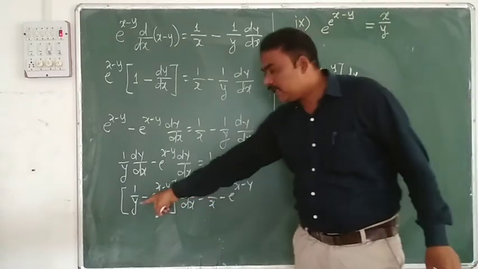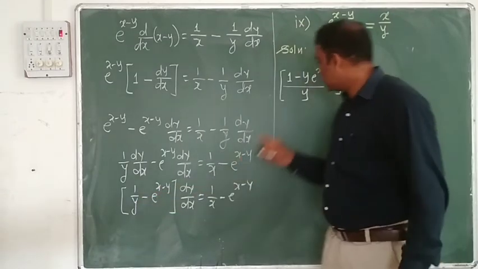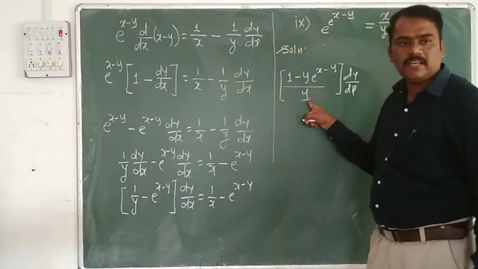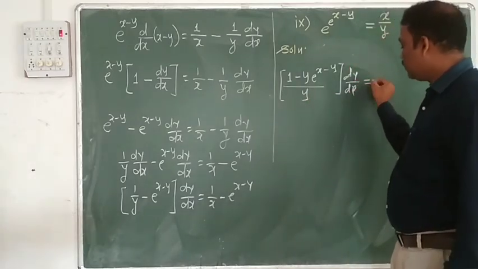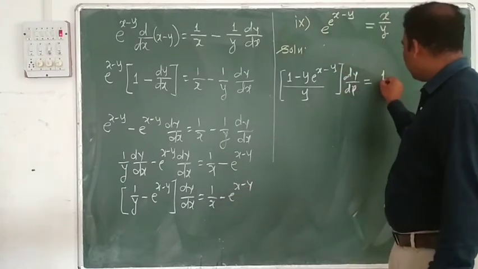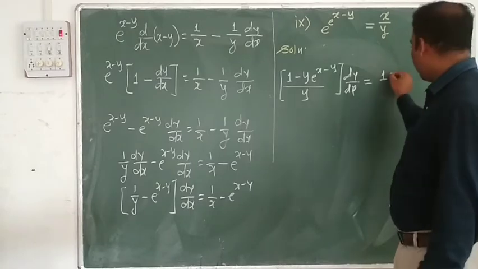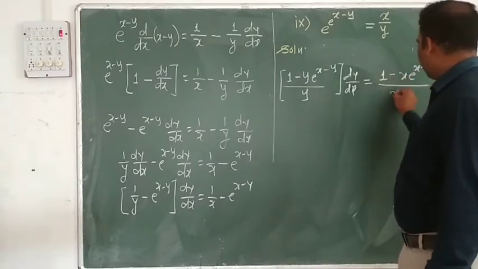We have to take the cross multiplication, so that 1 minus y into e raised to x minus y divided by the denominator, that is y, is equal to... here also we have to make the denominator equal, so we make the denominator x, so that 1 minus x into e raised to x minus y divided by x.